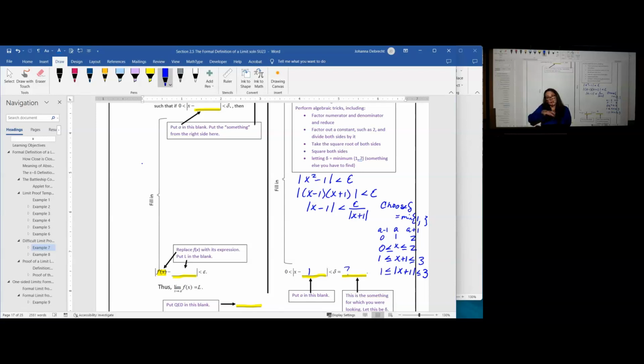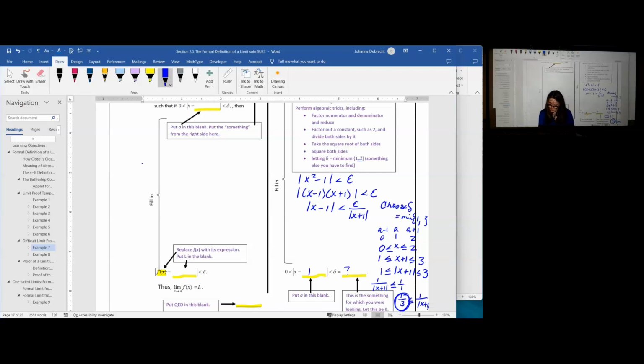And then we split it into the 2 parts like we did before. This means 1 over the absolute value of x plus 1 is less than or equal to 1 over 1, and 1 over 3 is less than or equal to 1 over the absolute value of x plus 1. And the one we want is the smallest, which is our 1/3.